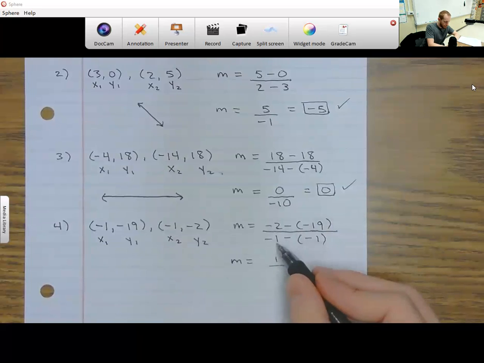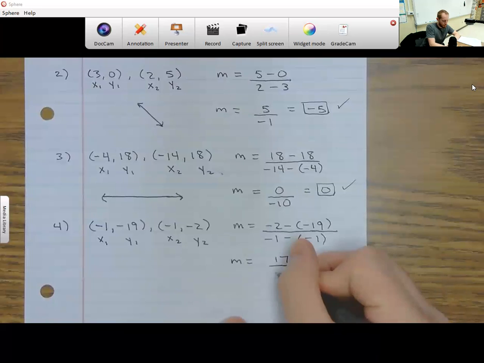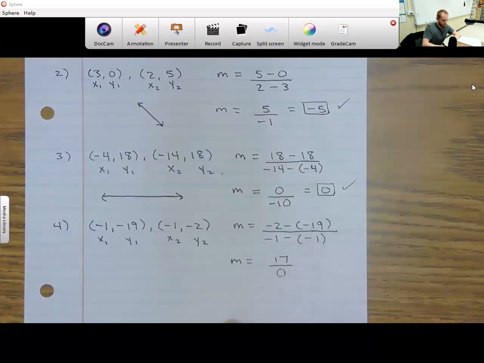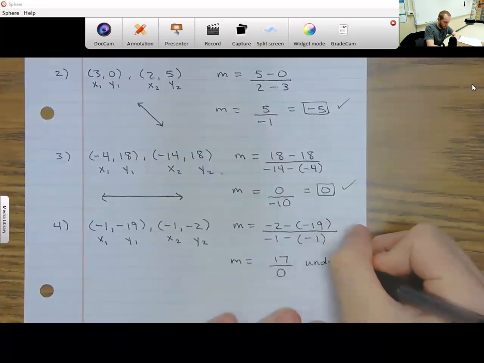Well, I've got negative 1 minus negative 1. That's the same thing as negative 1 plus 1. So I'm going to get 0 at the bottom. So now notice that I'm dividing by 0. Dividing by 0 is undefined. So this is going to be an undefined slope.